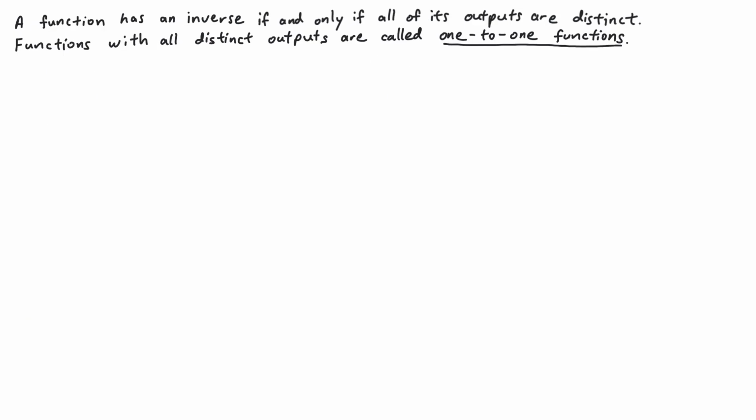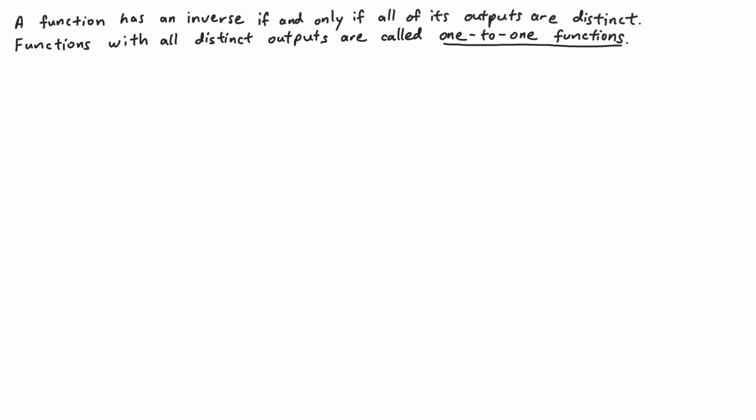So from our previous example, we learned that a function has an inverse if and only if all of its outputs are distinct, meaning every input is giving you a different output. Functions with all distinct outputs are called one-to-one functions because each input is giving you a unique output. You never have two different inputs going to the same output.